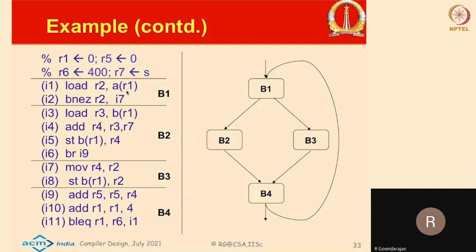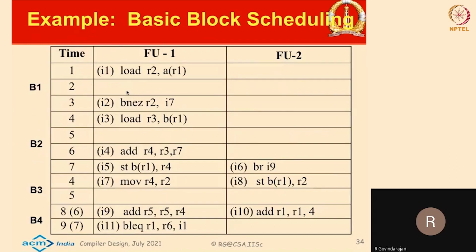So let's say that I try to schedule this for an architecture with 2 functional units, and let's assume that load and dependent instructions take 1 cycle in between. Then this is what happens. Because this branch instruction is dependent on the load value, there has to be 1 stall cycle, and similarly this load instruction and the dependent add instruction need to have 1 stall cycle in between.